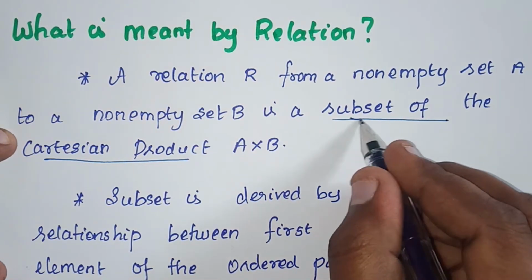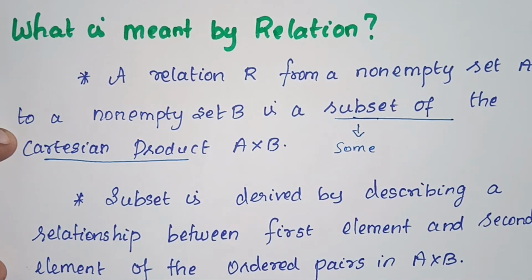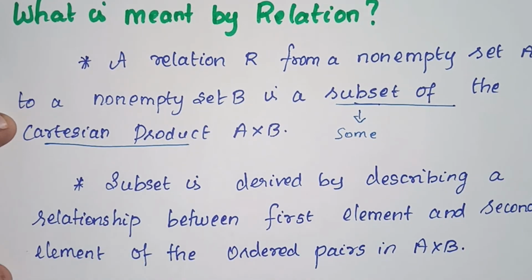A subset is just some ordered pairs, so some ordered pairs in the Cartesian product is called a relation. It means there is some relationship between the first element and the second element. That is called a relation.